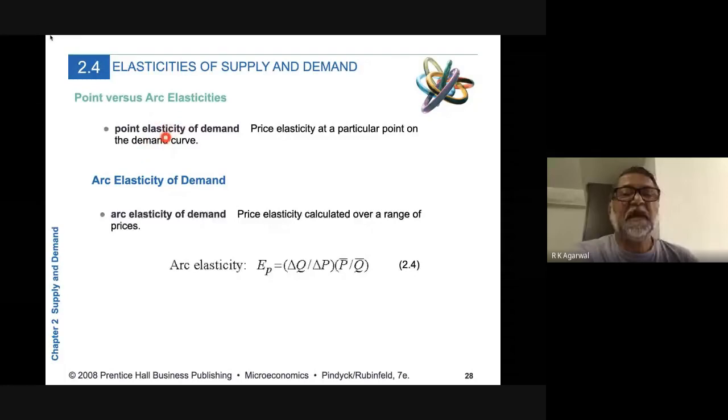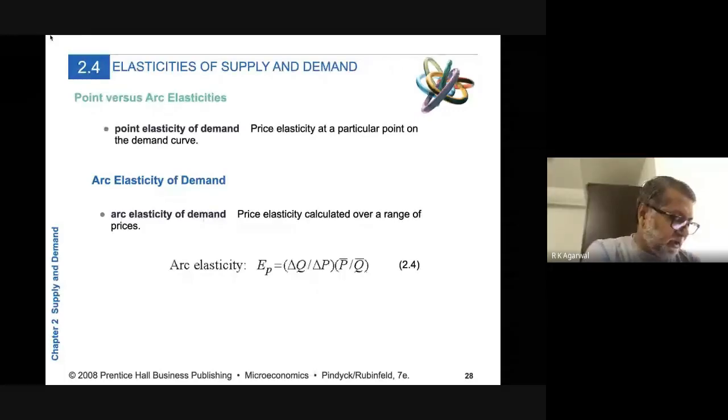But right now, just look at this arc elasticity of demand, which is what? Change in quantity demanded upon change in price, divided by the average price, the average quantity. So the change was how much? Price changed from 10 to 9 and quantity changed from 5 to 6.